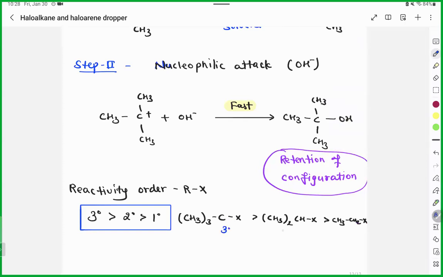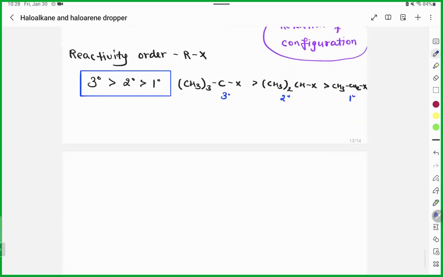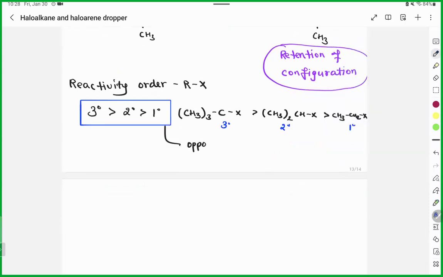This is tertiary, this is secondary, this is primary. And this is exactly opposite to SN2. Opposite to SN2. Because this is more important, if you know one, the other will automatically come.